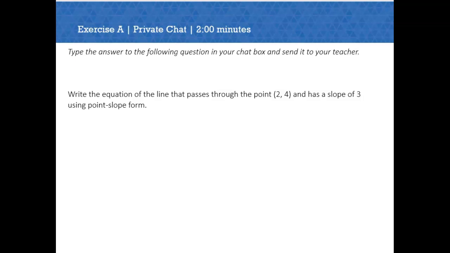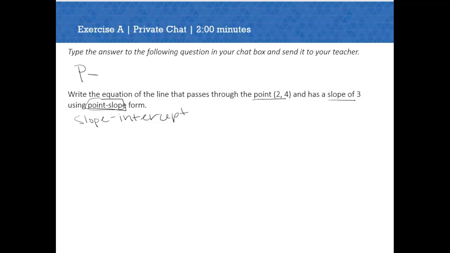Write the equation of the line that passes through the point (2, 4) and has a slope of 3 using point slope form. In Unit 3, we saw the word slope-intercept. You do need to know that these are two separate things: slope-intercept and point slope. We're dealing with point slope today.